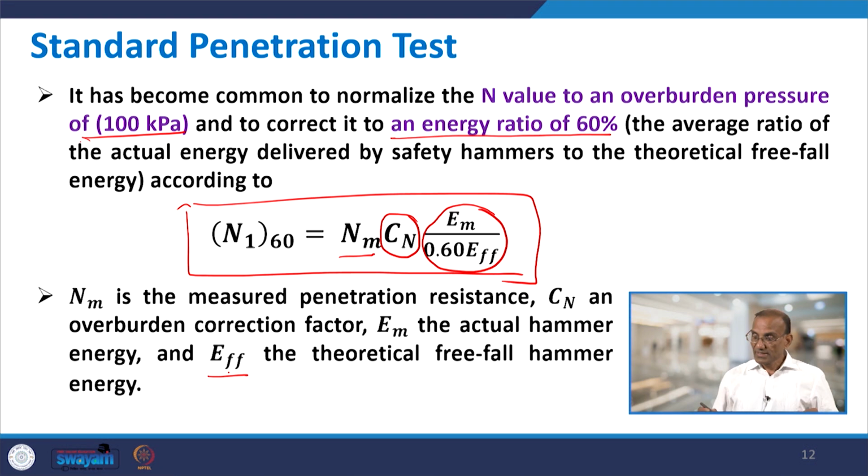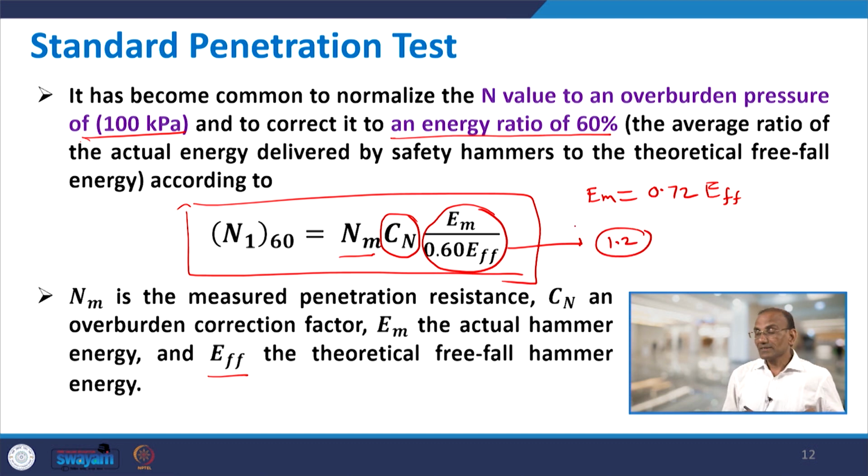Normally, suppose you have Em equal to 0.72 EFF, then this factor becomes 1.2, and on the conservative side the minimum will be 1. So, normally this energy correction will not be less than 1. Then the overburden correction shows how Cn varies with depth, and Cn will be different at different depths.